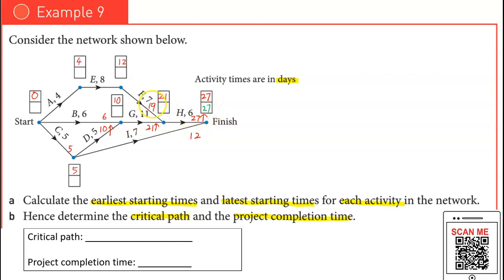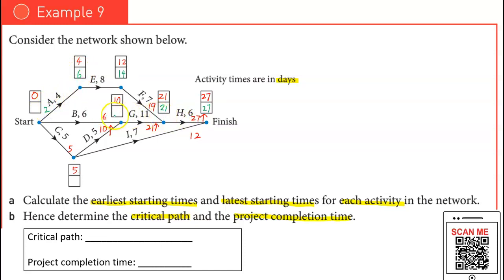So 27 minus 6, you end up with 21 because there's only one choice here. So you can straight away put 21 here. Okay, so 21 minus 7, you end up with 14. Okay, 14 minus 8, you have 6. 6 minus 4, you have 2.